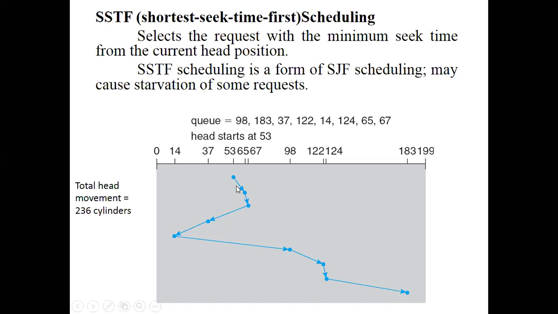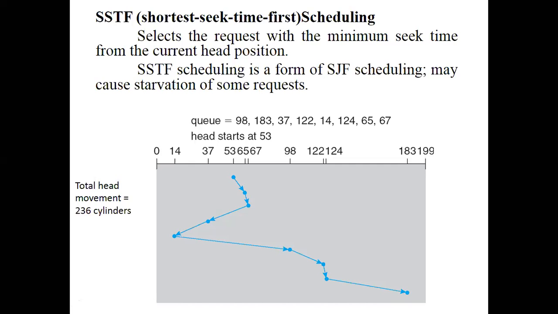That should be taken. 53 minus 37 and the other one is 53 minus 65. For 53 minus 65, don't take it as a negative value. Once again, I'm reminding you it is just a difference. So 53 minus 65 is minimum. So I am going in the right direction and servicing the request 65.